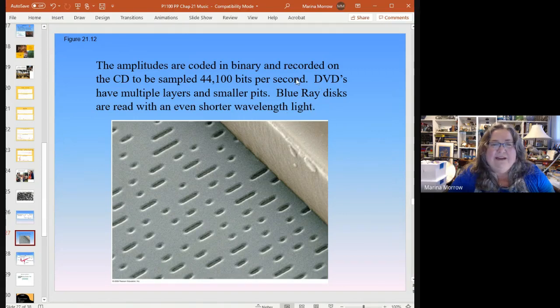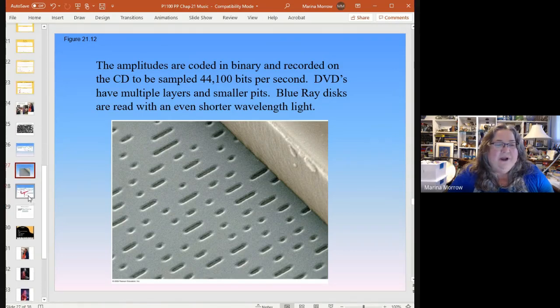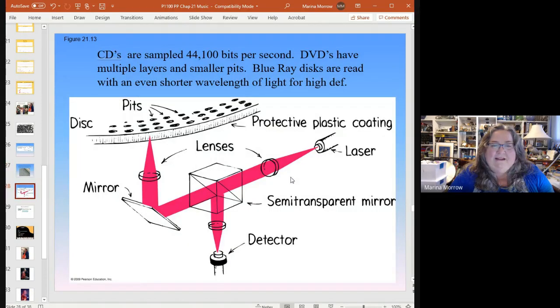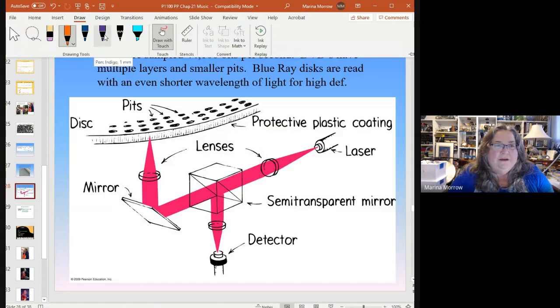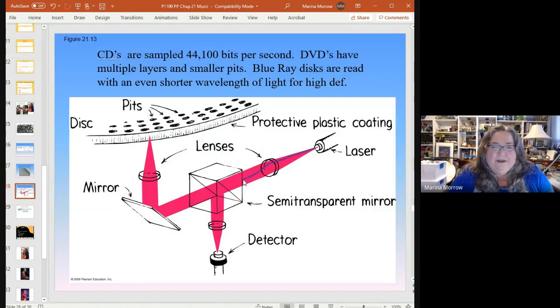Regular DVDs use a red laser. Blu-ray discs use basically a blue laser. It's a higher frequency, so it can detect smaller variations. That makes it more precise, so it's more accurate. Basically the laser beam is focused.